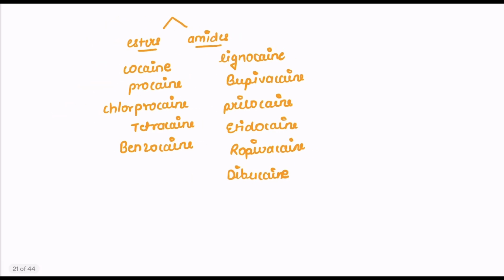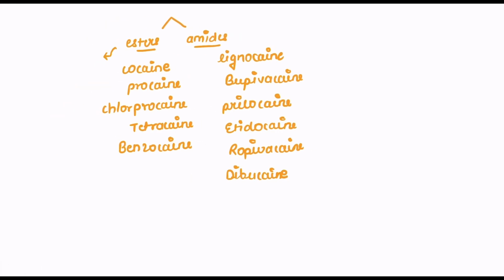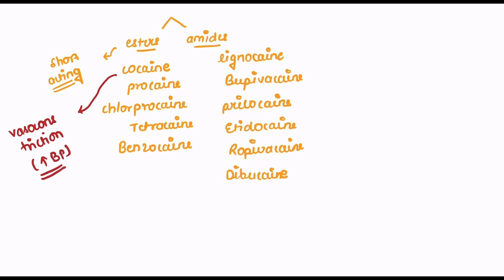The esters are short-acting, all cause vasodilation except cocaine, which causes vasoconstriction and leads to hypertension. The most commonly used local anesthetic is lignocaine. The shortest acting local anesthetic is chloroprocaine.